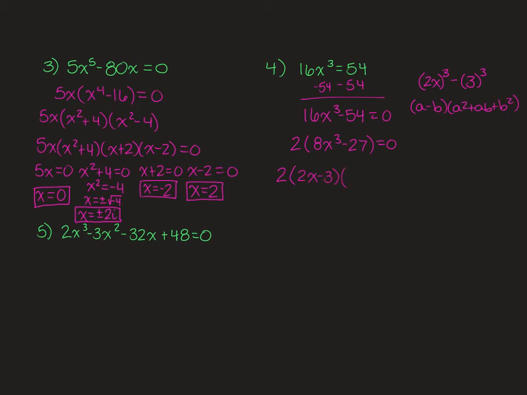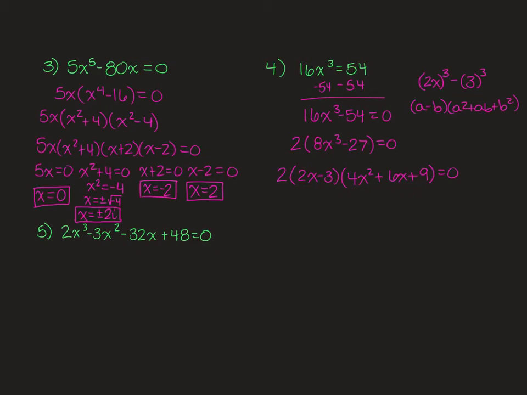So a squared, 2x squared would be 4x squared, plus 2x times 3 would be 6x, plus b squared, so 3 squared is 9. And whenever you're doing difference of cubes, this part of the cubic probably cannot be factored anymore, okay?